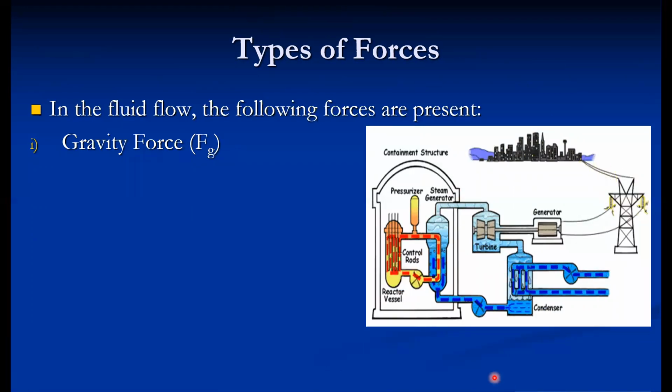Suppose here the gravity force is acting because this is a high level, this is at low level. So here the gravity force resists. In order to overcome that, this pump is used because this particular fluid is flowing against the action of gravity. So the gravity force exists in this particular zone.